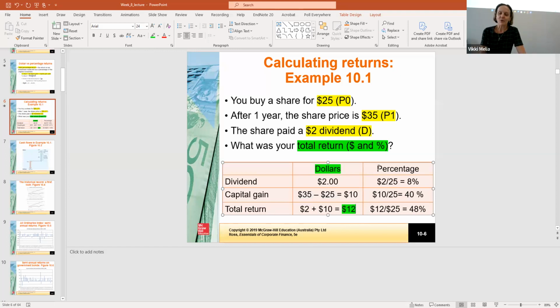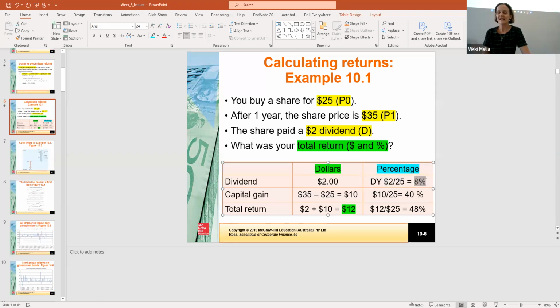But we like to express it as a percentage or a rate of return. So this is actually the dividend yield. Dividend yield is the $2 dividend divided by P0, the price that we paid initially.